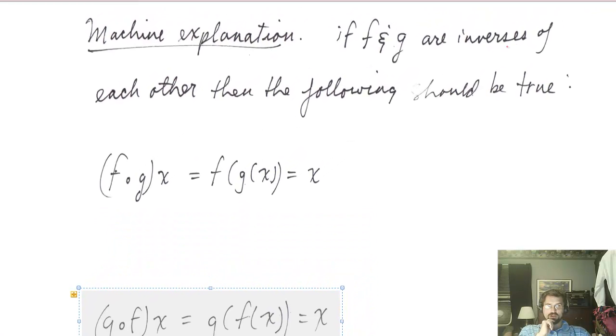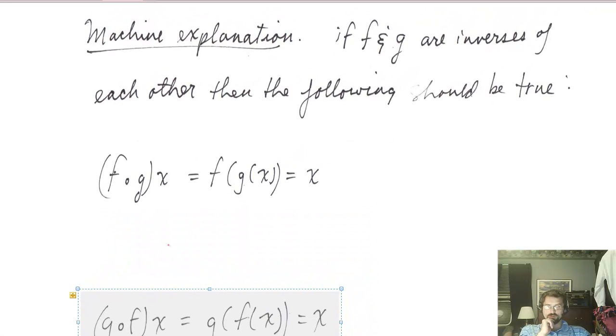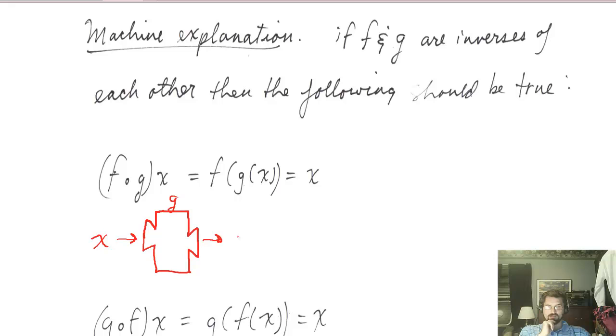If f and g are inverses of each other, the following should be true. So this one here, the first condition we said was x goes into a machine which messes with it, and that machine is called g. And when it comes out, it's no longer x, it's g of x. It has been transformed by g in some manner. Well, that result, that output, we're saying in here, in this composition, is going to go into f.